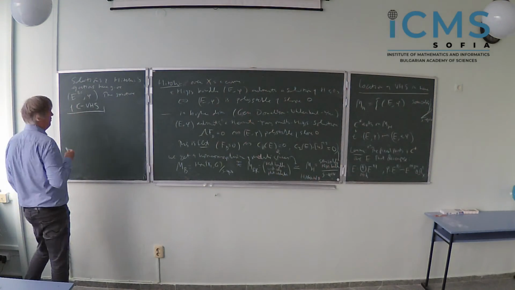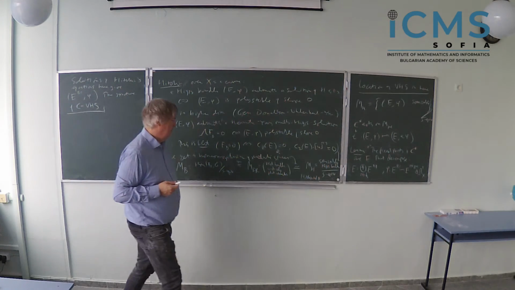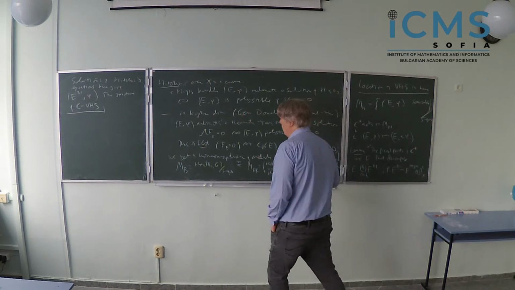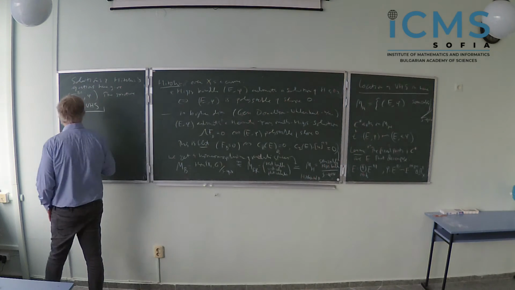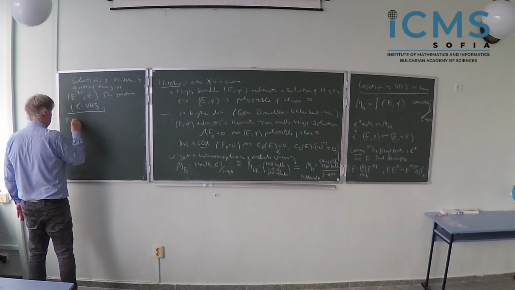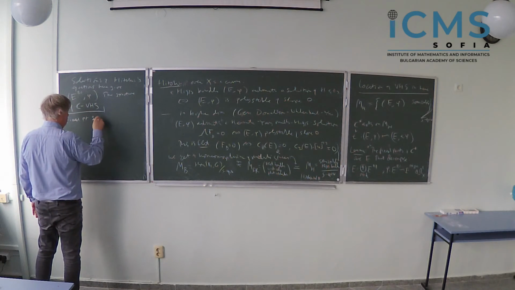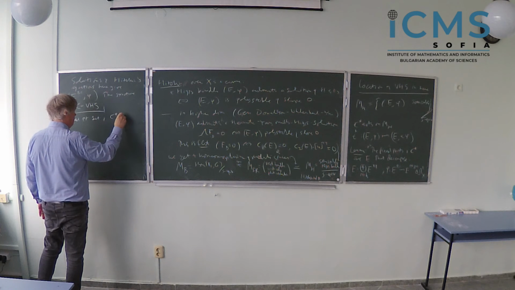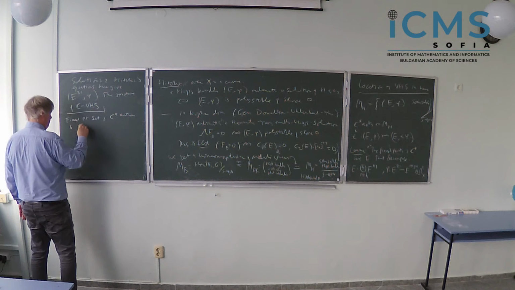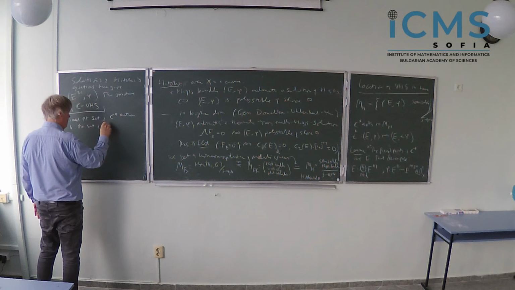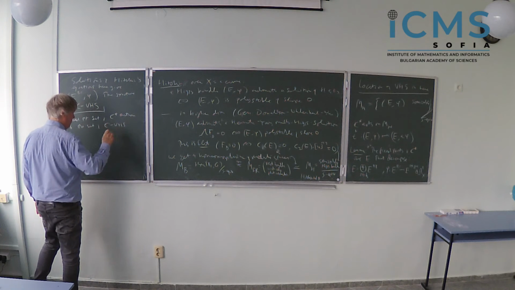So the conclusion is that the fixed point set of the C star action is the set of complex variations of Hodge structure.